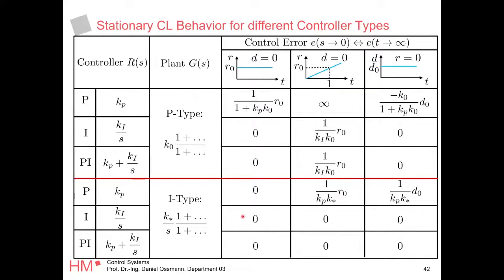So this is unstable. If you have a ramp input, a pure integral controller will still make that error go to 0, but again, this is not stable here. Finally, for the disturbance, we know if we have an integral, it's going to go to 0. If we have a proportional controller for an integrating system, we are left with a control error due to the disturbance.